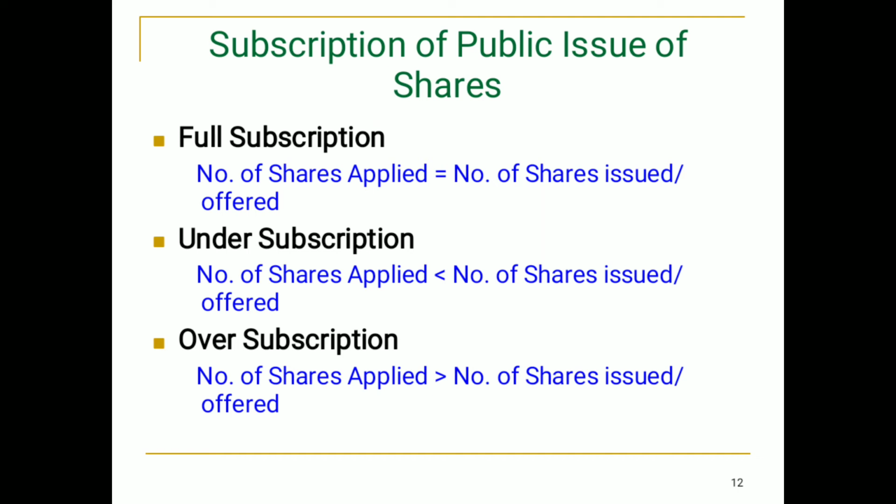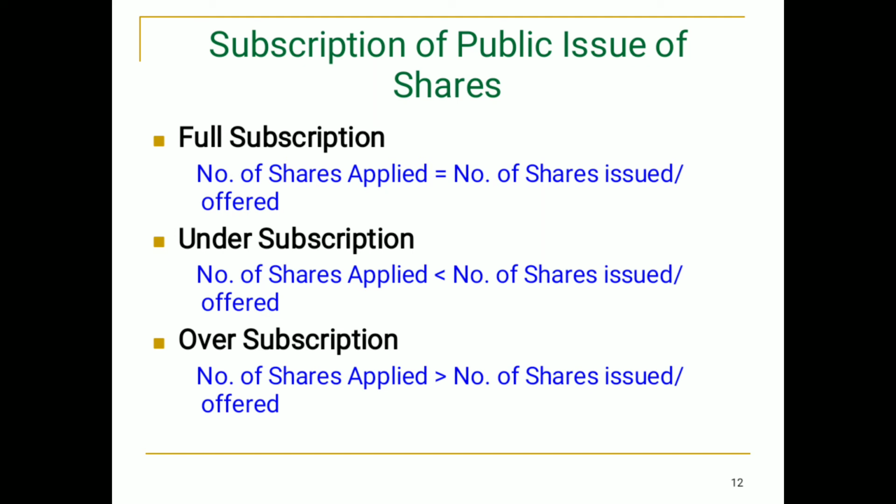Under subscription: how many shares are issued? 30,000. How many applications? Fewer than that. Say, for example, 20,000. When the number of shares applied for is less than the number of shares issued or offered, it comes under the category of under subscription.